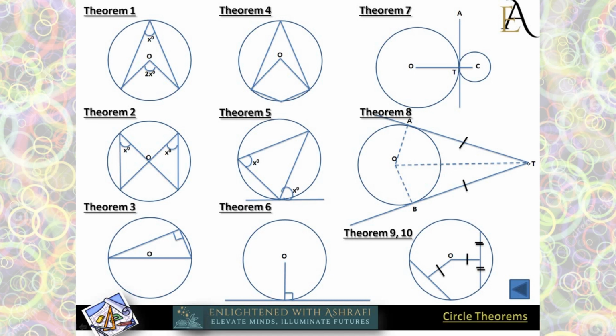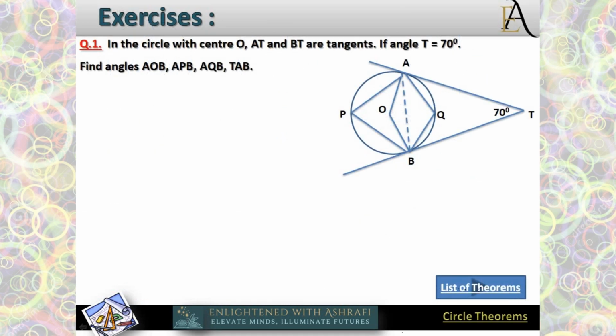If they meet outside the circle at point T, then the two tangents are said to be equal. If the distance between the chord and the center is equal, then the chords are said to be equal, or vice versa. And we know that the chord and the radius are perpendicular bisectors.